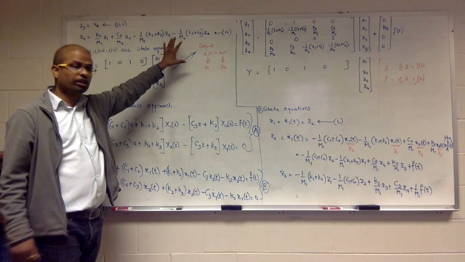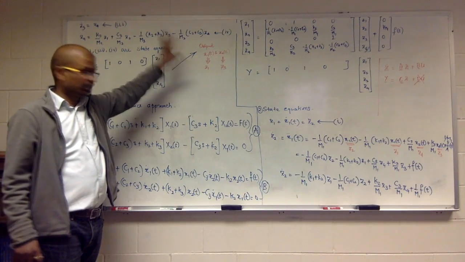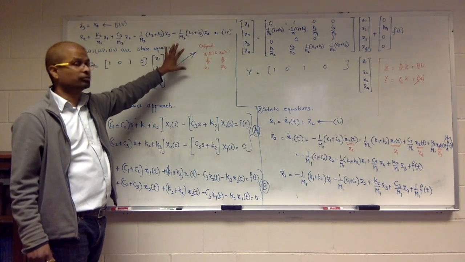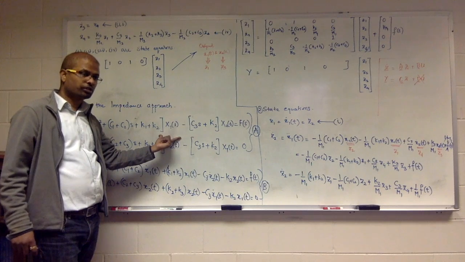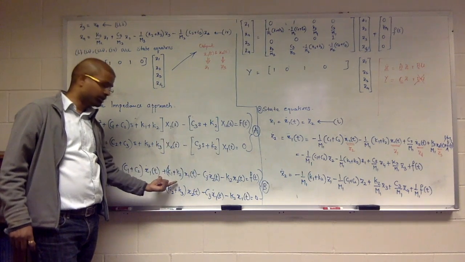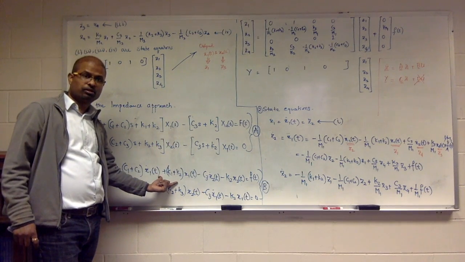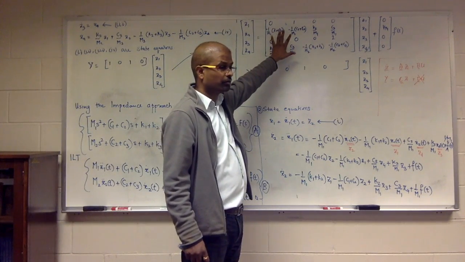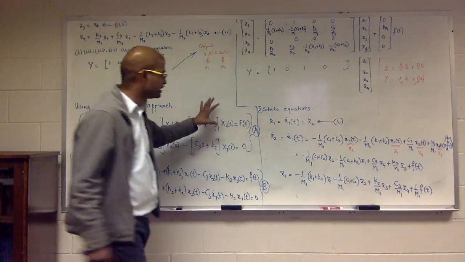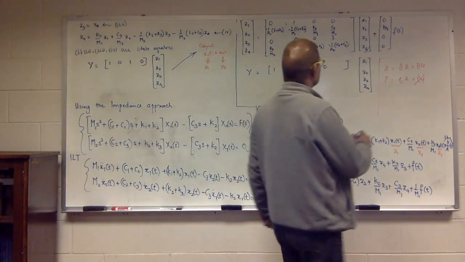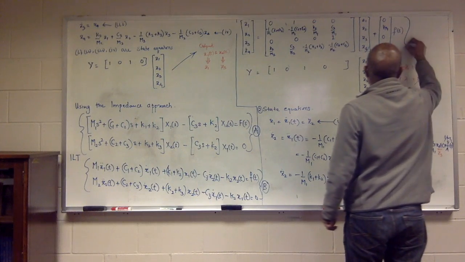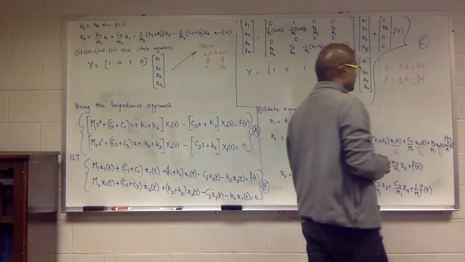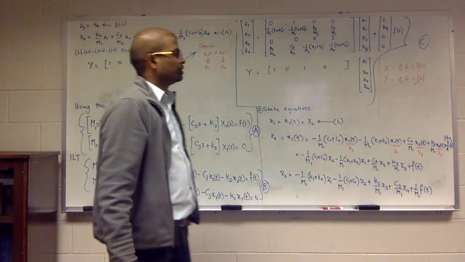The mathematical model of that system could be this, which is a Laplace transform model, or this, which is a differential equation model, or this, which is a matrix model. We'll call these A, B, C.